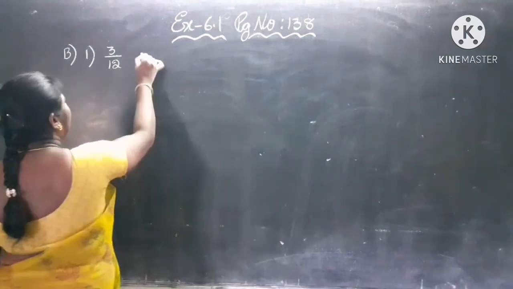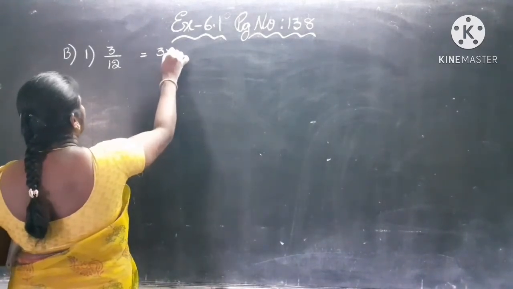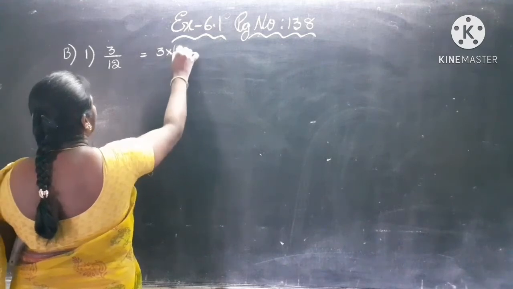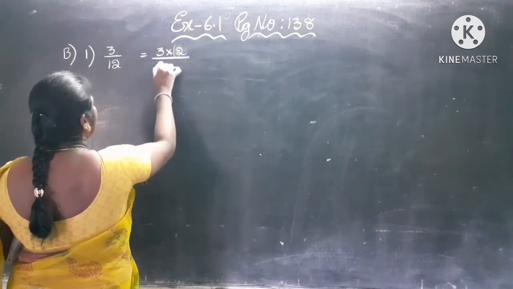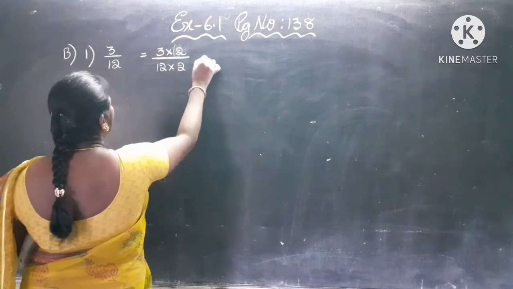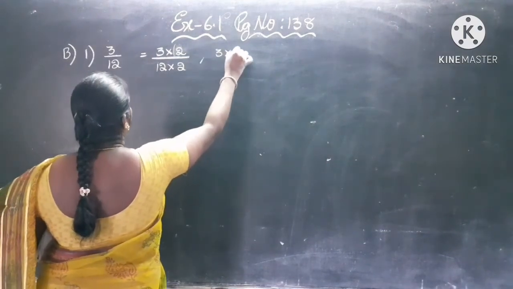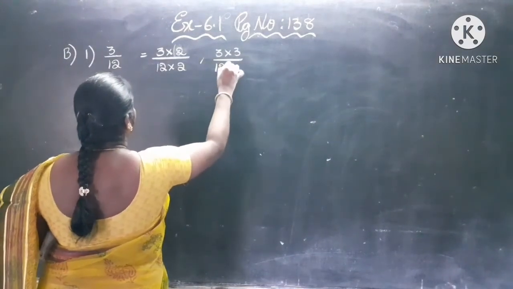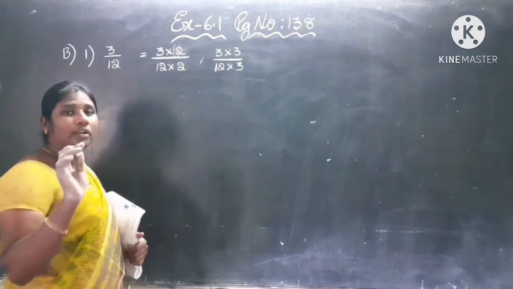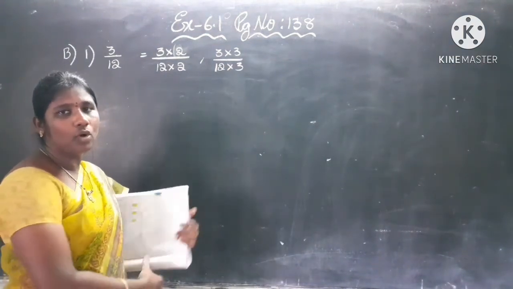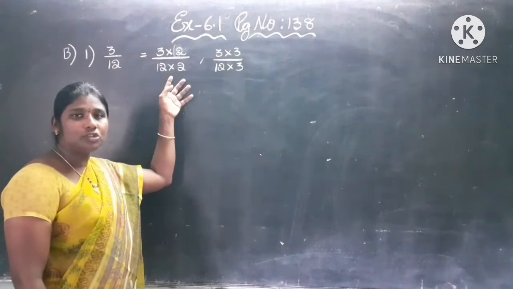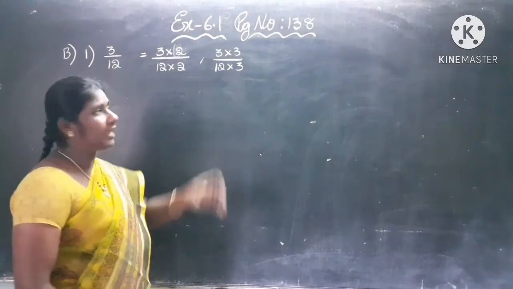So I am multiplying both with 2: 3 into 2 by 12 into 2, comma, 3 into 3 by 12 into 3. First I am multiplying both with 2 and next I am multiplying both with 3.